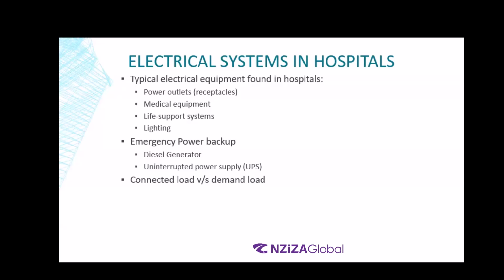Correct. Like over here, we have these extension cords, surge protector extension cords. Out of the 5 outlets, only 3 might be occupied. 2 are still not occupied, right? But there is a possibility of using those, but very rarely. For that, we apply a diversity factor to the connected load, basically making sure that we have the proper demand load calculated for a project.